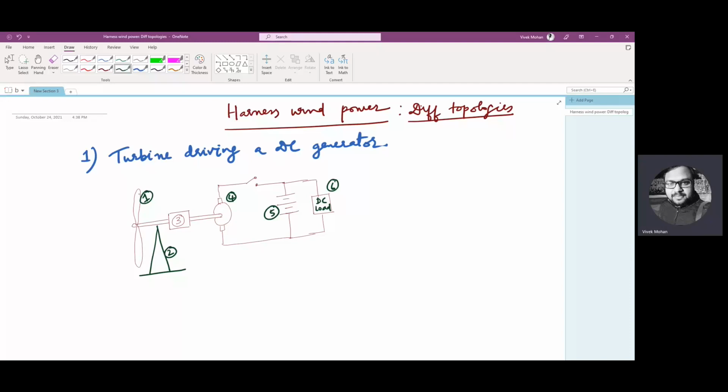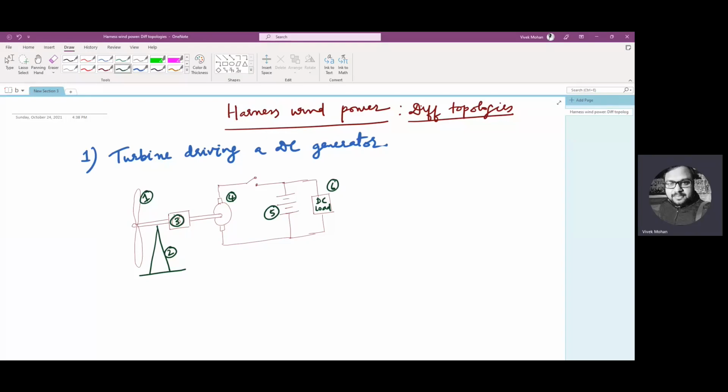Then the gearbox is shown as number 3, which multiplies the speed of the windmill 20 or 30 times, maybe up to 50 times also, because we know that the speed of the blade is much less than the speed of the generator rotor.